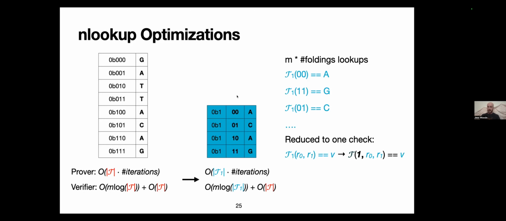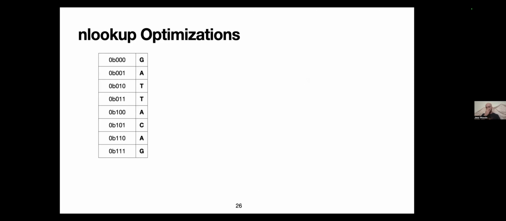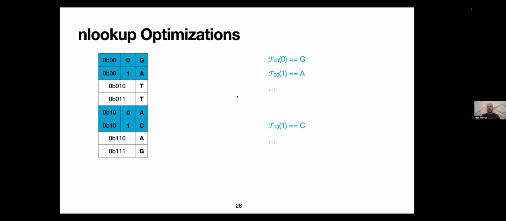You might be wondering, does this method generalize to multiple projections? And it does. You might imagine a situation like this, where we have these lookups from the first fourth of the table, and then some other set of lookups from the third fourth of the table.